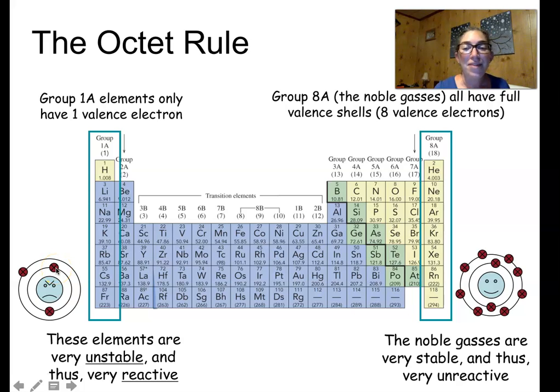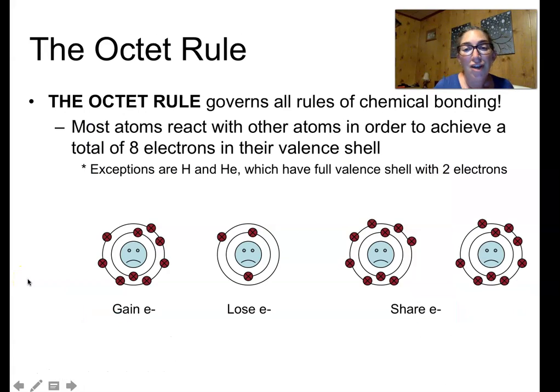So the other items on the periodic table tend to be much more reactive, but particularly the atoms on the far left of the periodic table are very reactive because they're always engaging in reactions to try to get a full valence shell.